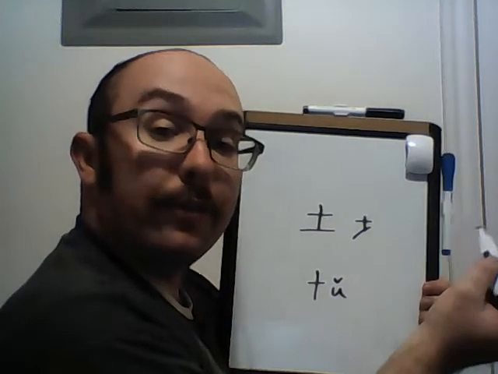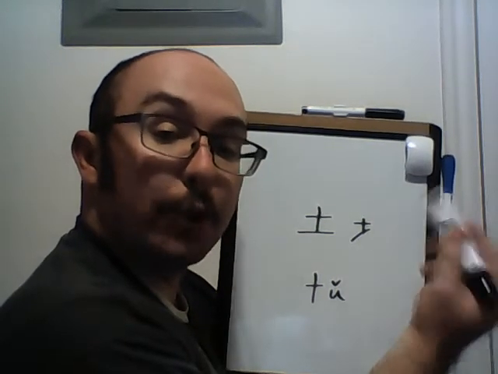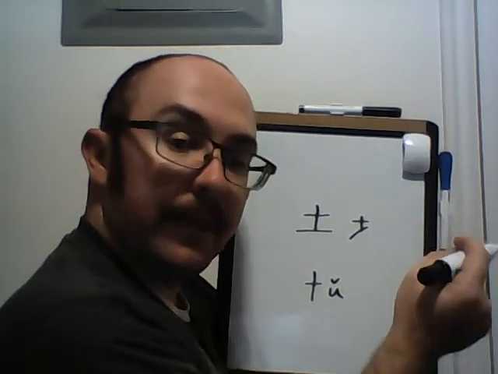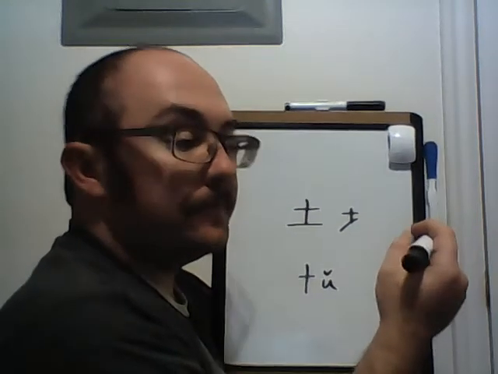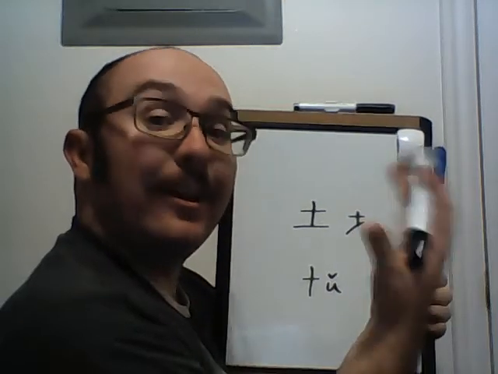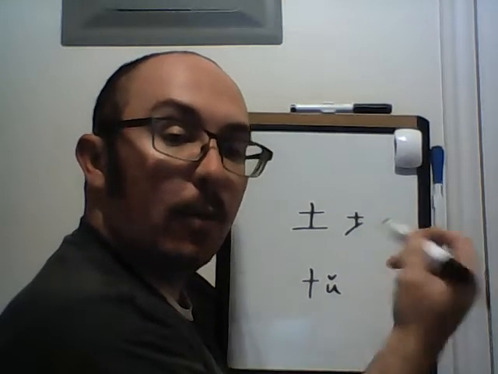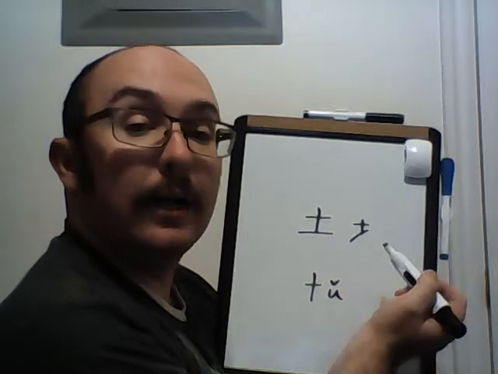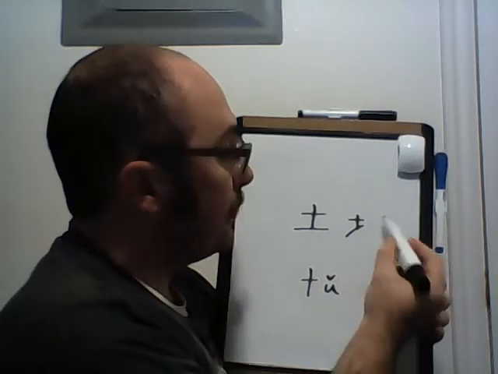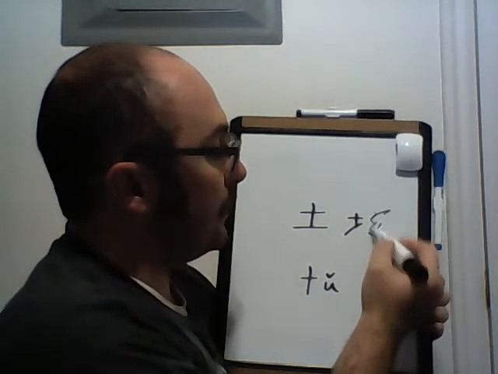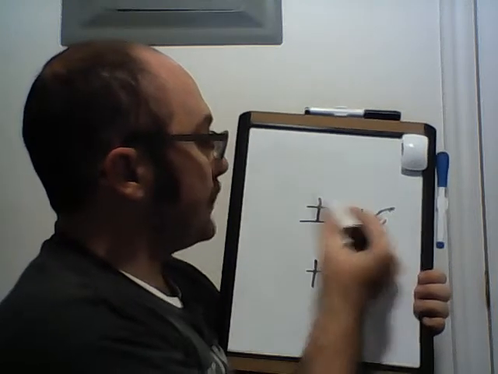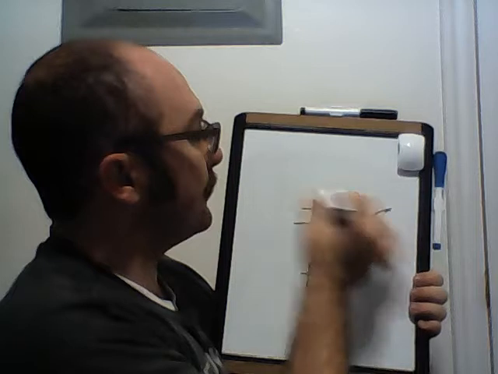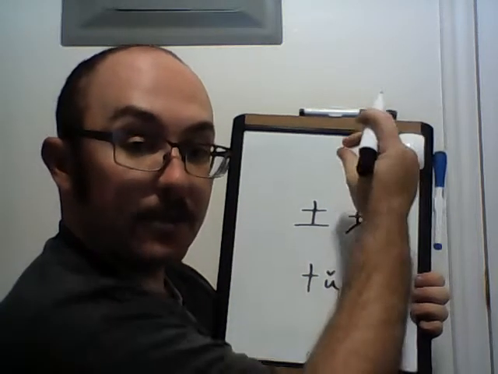It means earth or dirt. It's one of what are called the 5 phases in Chinese, or 5 elements. Tu. And when it's like this, it's called a tuzipang, because it's got stuff going on next to it. When it doesn't have this little slant, it's usually at the top or at the bottom of the character, kind of squished in there.